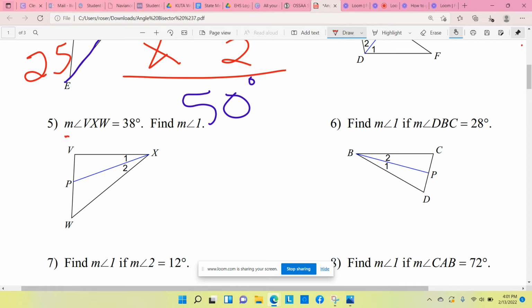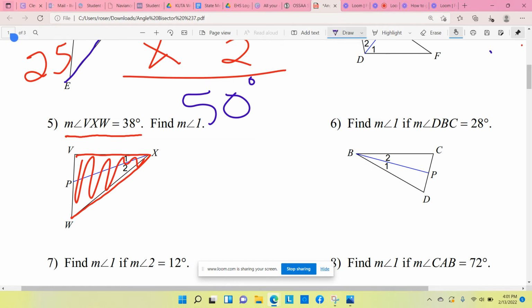Remember that little M stands for measure. The measure of angle VXW equals 38 degrees. Let's find VXW. Start at V, go to X, go to W. Remember, those letters aren't in that order willy-nilly. They're in that order on purpose. Okay, the X has to be the vertex, the center of that angle.